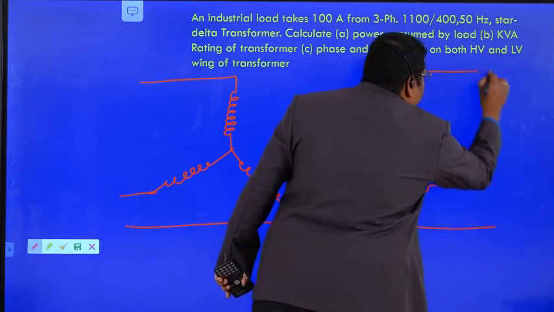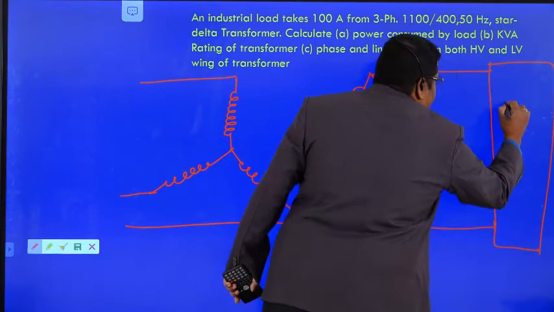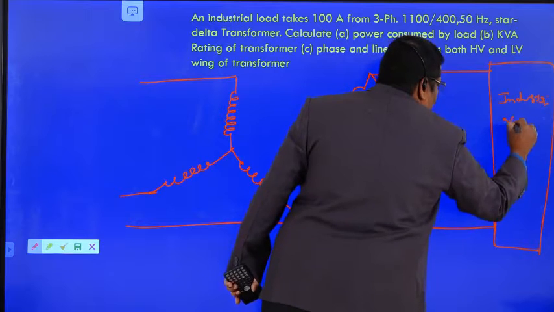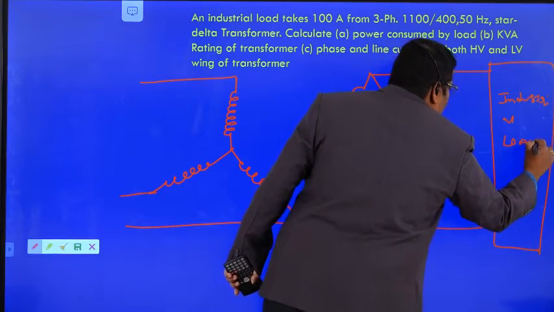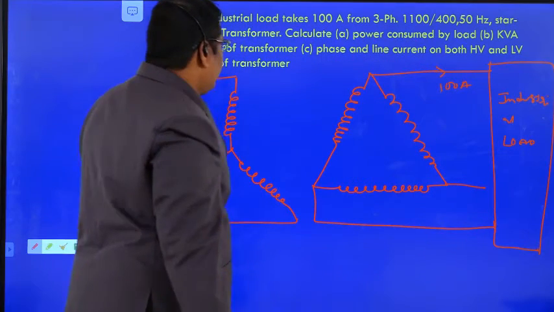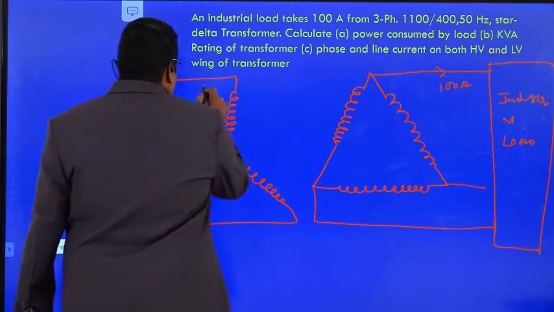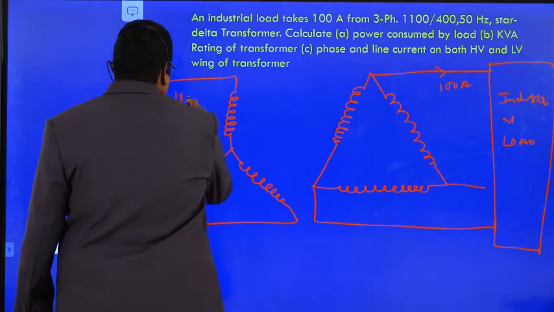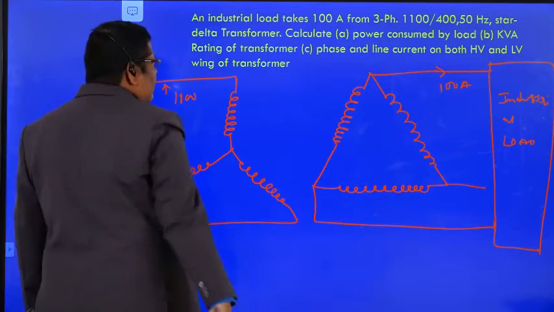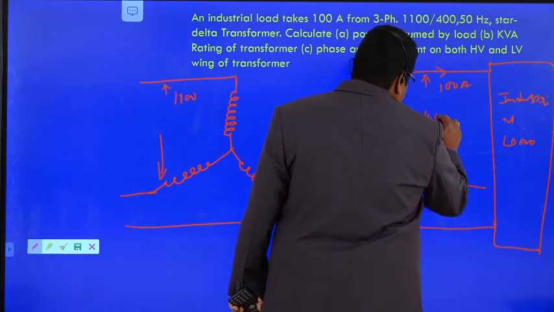See here, the industrial load is connected, which is taking a current of 100 amperes. The voltage rating of the transformer is given: 1100 line to line voltage, and 400 volts.